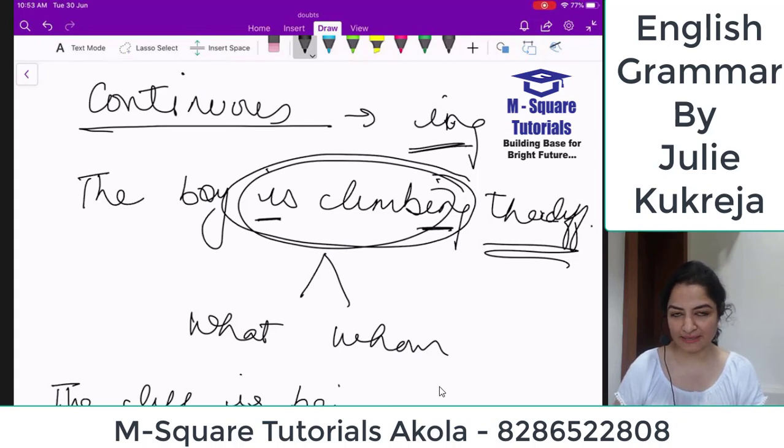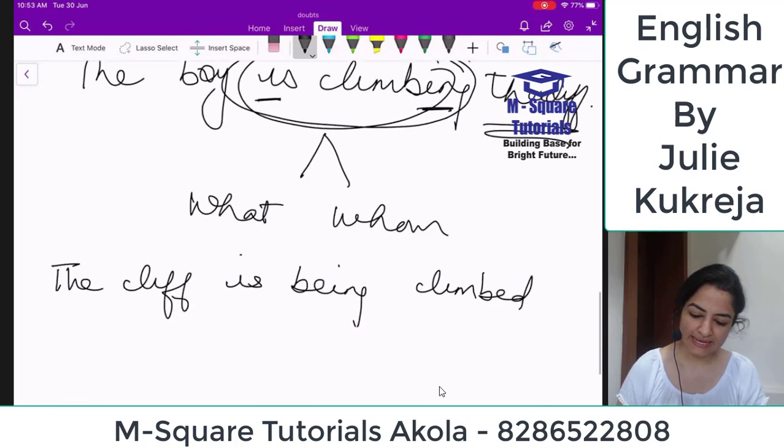The cliff is being, and as I have mentioned earlier, the third form of the verb is always used in the passive voice. So what can be the third form of climb? That is climbed. The cliff is being climbed by the boy.